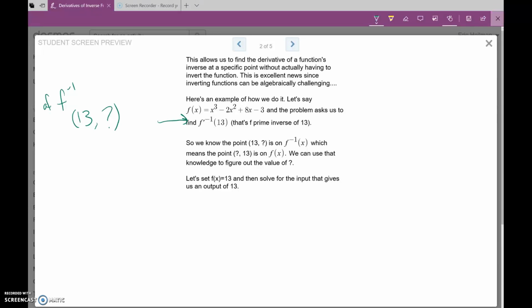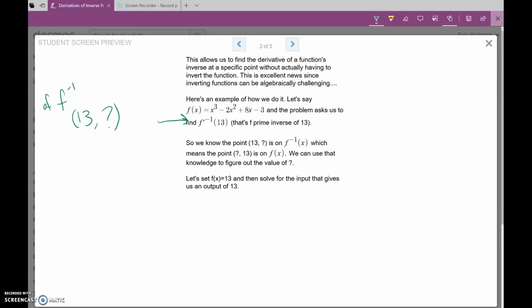We know that the input value is 13. Because we don't know the equation for f inverse, we do not know the vertical coordinate at that point. We just know that the input coordinate is 13.